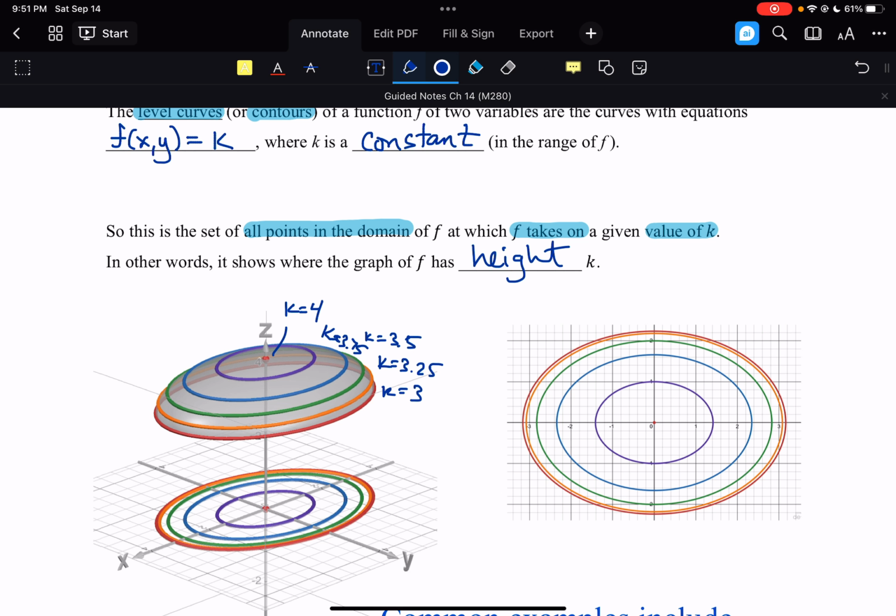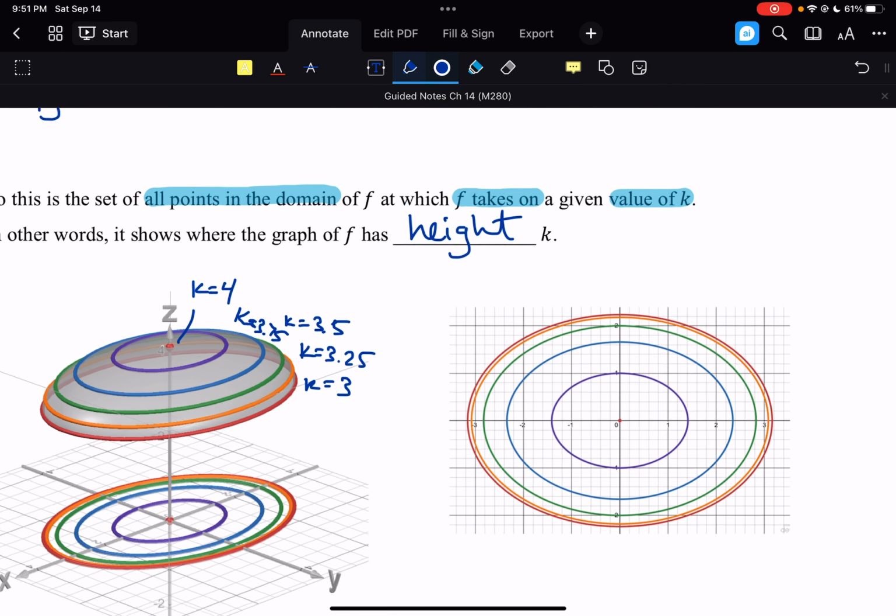So when it comes to reading the contour map itself, you can see obviously these ones are all concentric ellipses for a shape like this. The important thing to take note of in particular is the distances between them and how that represents changes in height.